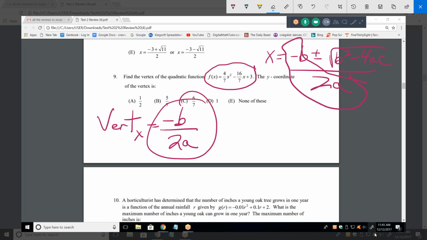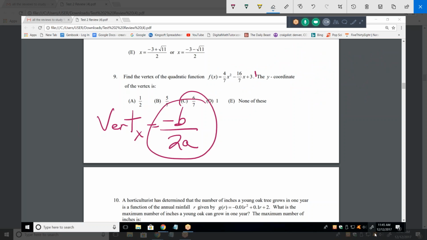Well, in this problem, the very first thing is to figure out the x-coordinate of the vertex. Now, they want the y-coordinate, but figuring out the y-coordinate is going to be real easy once we figure out the x-coordinate. We're just going to substitute it in for x and figure out what y is. Okay? So what's minus b over 2a?